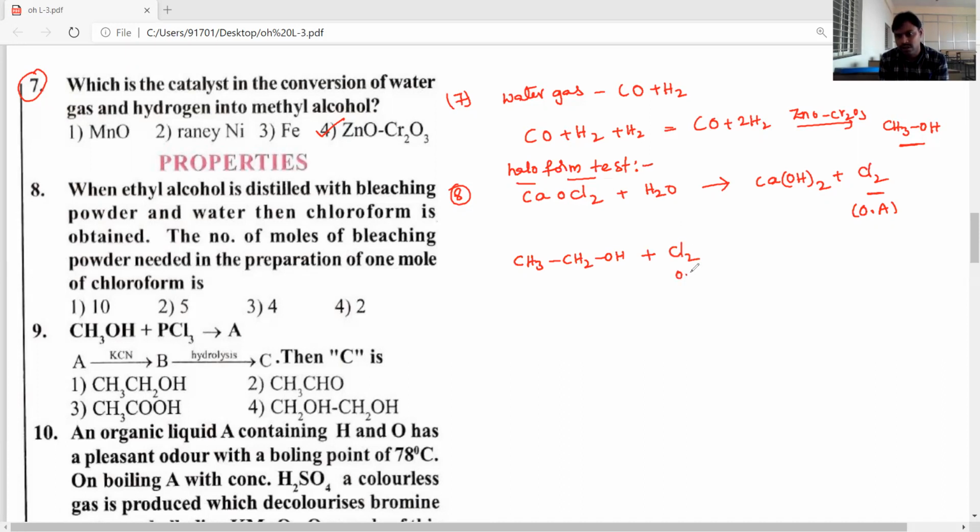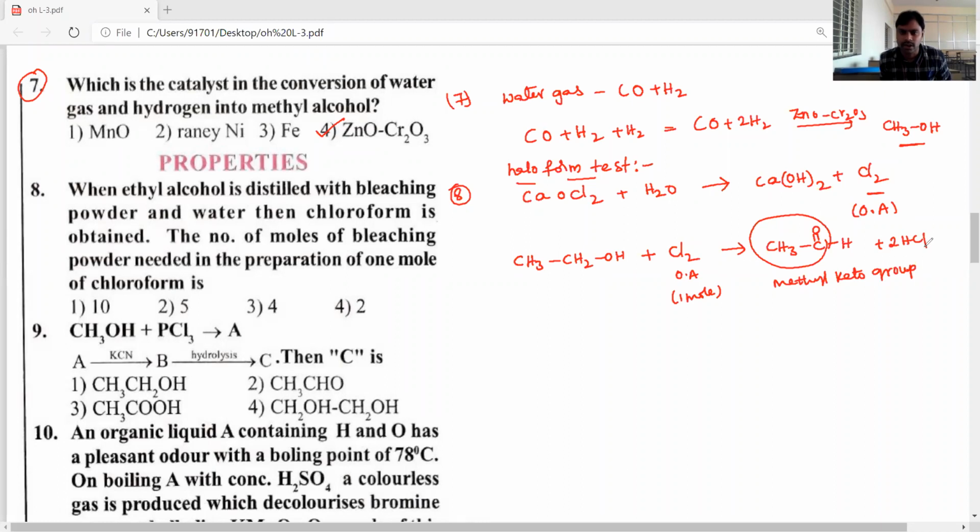First, 1 mole of chlorine acts as an oxidizing agent. It oxidizes ethyl alcohol into acetaldehyde, CH3CHO. This acetaldehyde has a terminal methyl ketone group present, plus 2HCl.